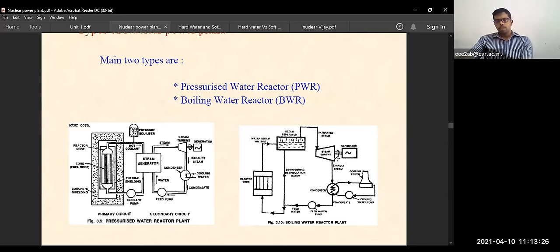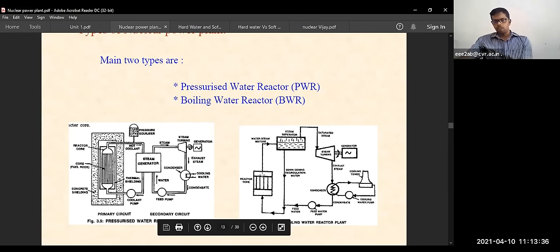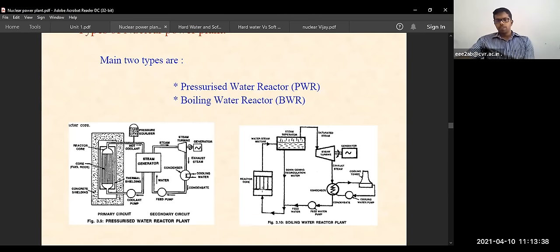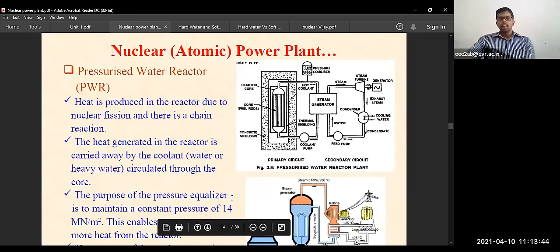So this is one type. The main disadvantage, the limitation of this boiling water reactor, I said: due to scale formation, rust formation will be there, and nuclear fission also will be decreasing. So that is why we are going for this pressurized water reactor.